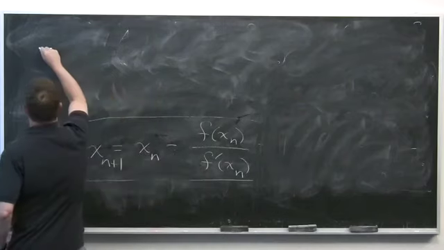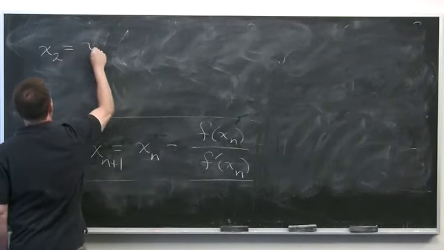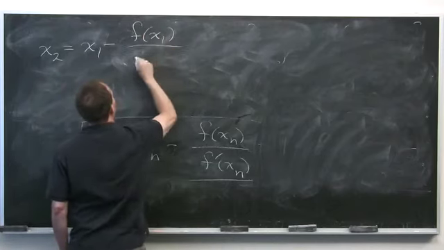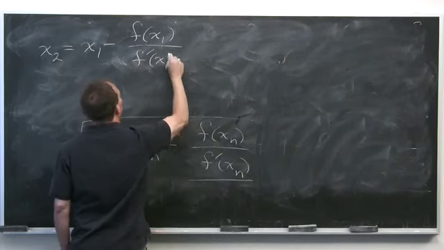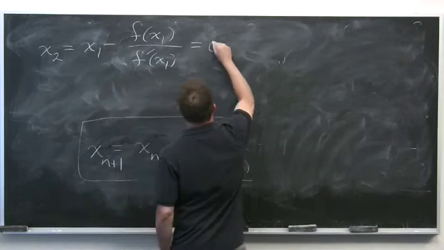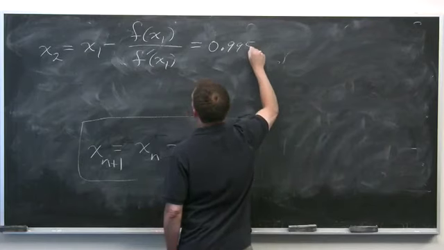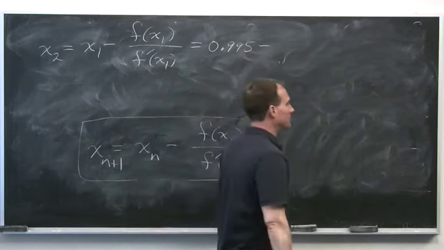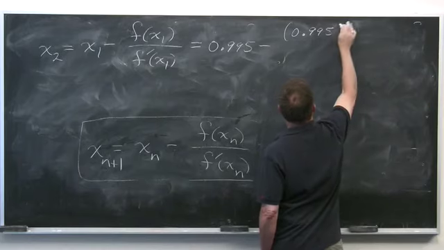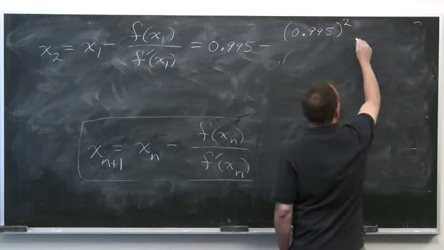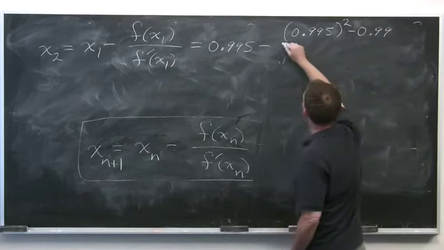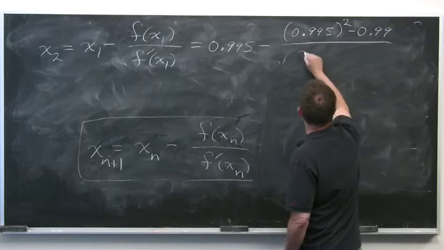So what do you get? x sub 1 was 0.995, minus f at x sub 1, which is 0.995 squared minus 0.99, all divided by f prime at x1, which is 2 times 0.995.